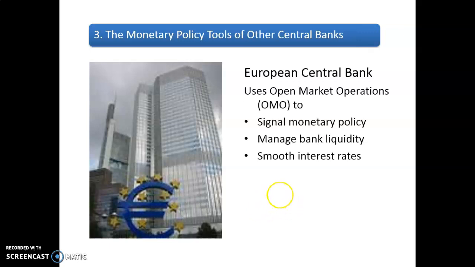With the European Central Bank, there are cities across Europe that conduct open market operations. And they use open market operations to basically telegraph monetary policy, manage bank liquidity, and try to stabilize interest rates.